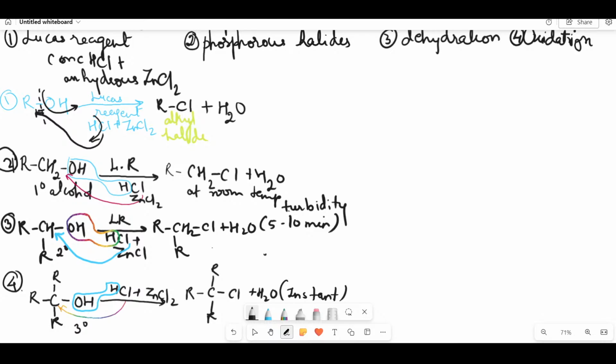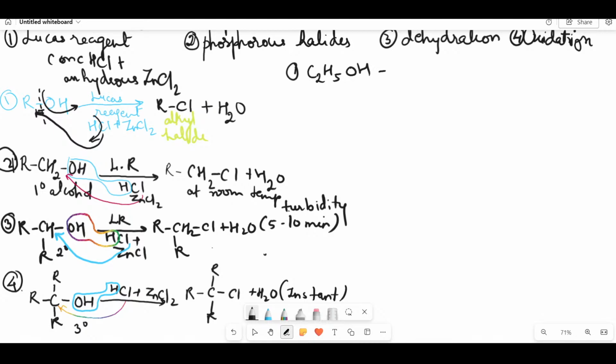When we use the reagent phosphorus halide, there are three: let us take trichloride, pentachloride and thionyl chloride. Let us see with this. Any alkyl group we can take. I will take C2H5OH, that is ethyl alcohol.